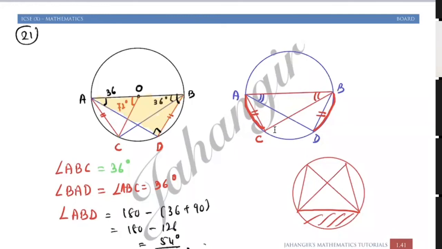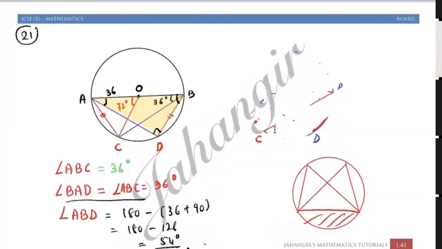See, we have two arcs equal. Look at the second triangle. I can erase this triangle and draw it again.